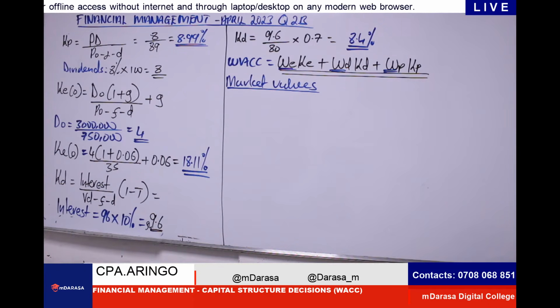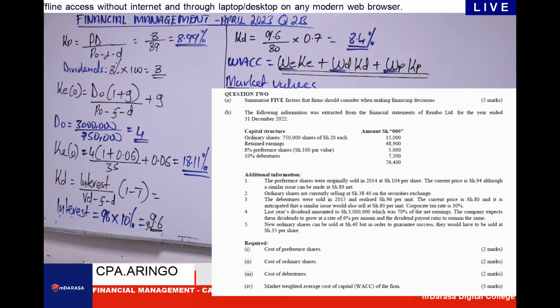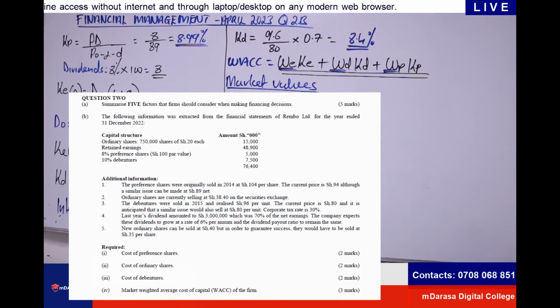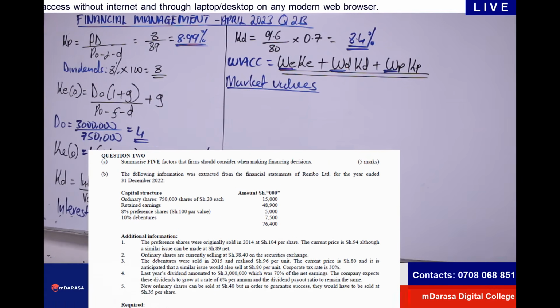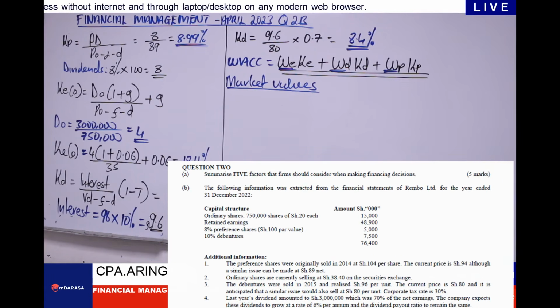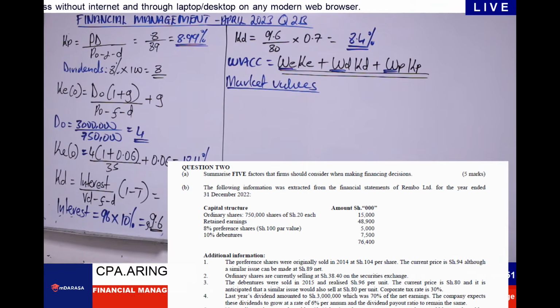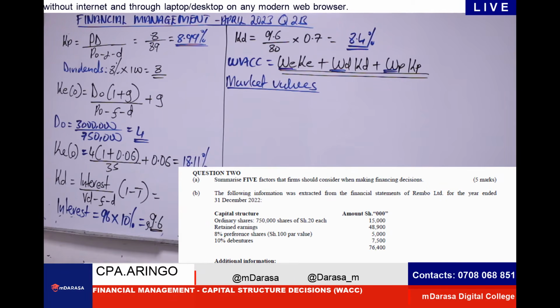The capital structure is what you're given. Look at the capital structure for a firm. I want you to check your capital structure of the firm. We list it there.